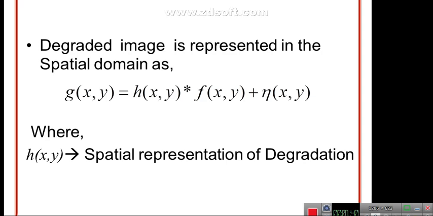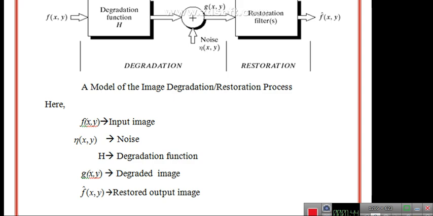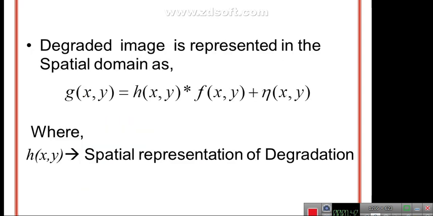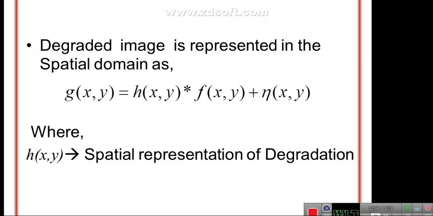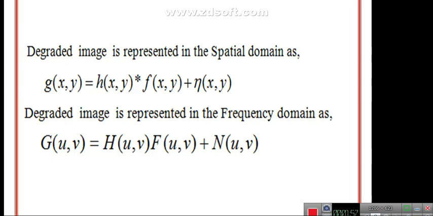The degraded image is represented in the spatial domain as the degradation function h of x comma y multiplied by f of x comma y, the original image, plus e of x comma y, the external noise. This is the spatial representation of the degradation model. The degraded image in the frequency domain: we apply the transform, the x and y coordinates are converted into u comma v, and the letters are written in capitals.